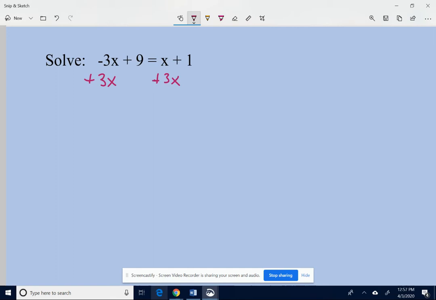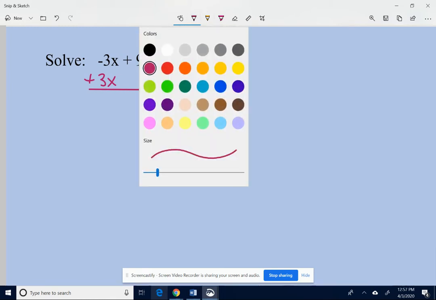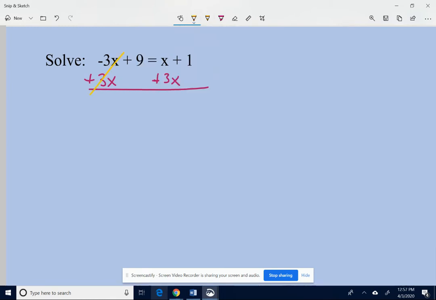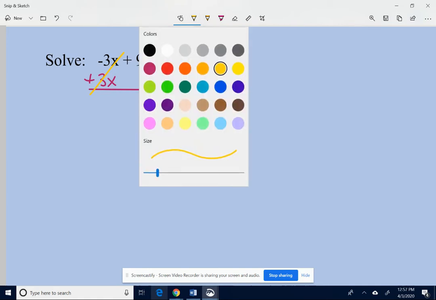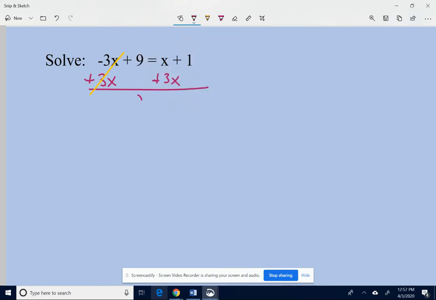Notice I'm putting my x terms underneath my other x terms. I'm keeping my like terms lined up together. When I do this, negative 3x plus positive 3x goes away, so I am left with 9 on the left.